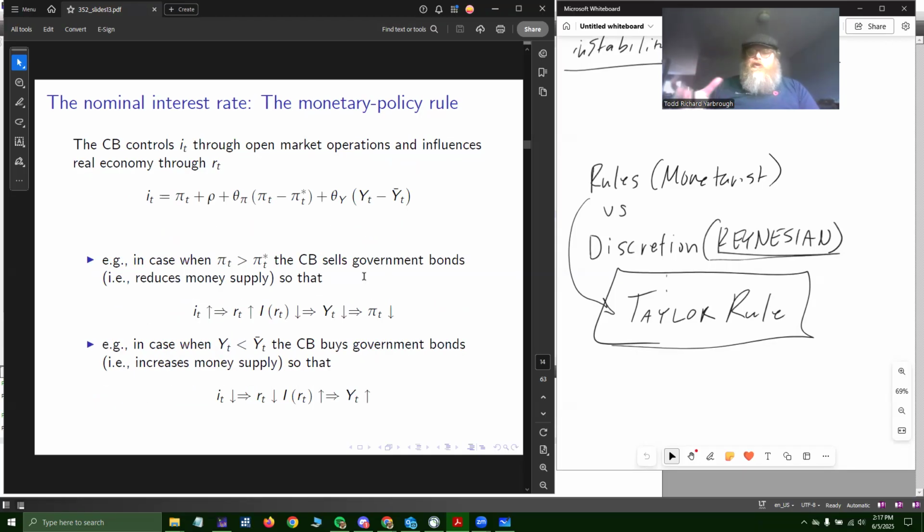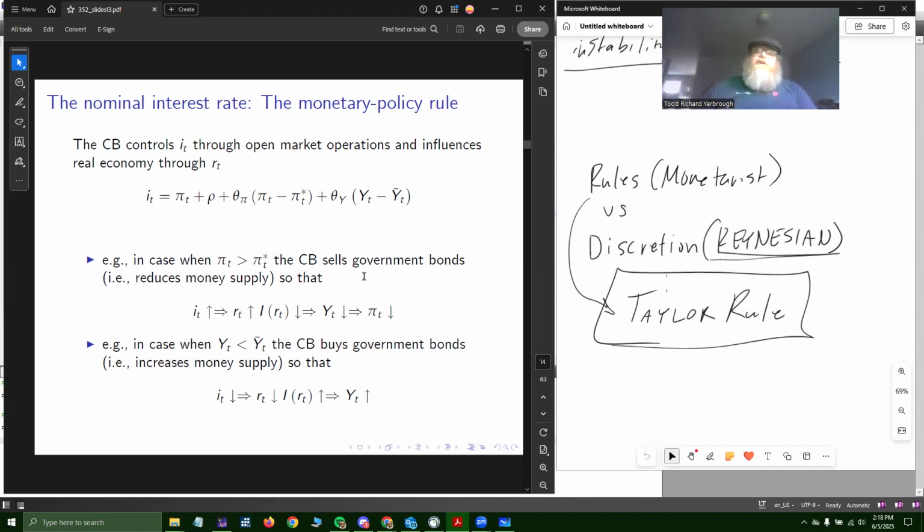We're going to think about central banking policy as being just about open market operations. So if they want to raise the nominal interest rate, they're going to do contractionary monetary policy. That is the buying of bonds from the market. So they're going to take bonds off the market. I'm sorry, the selling of bonds to the market. They're going to take bonds from their own stock and sell them to the market, taking cash out of the economy.